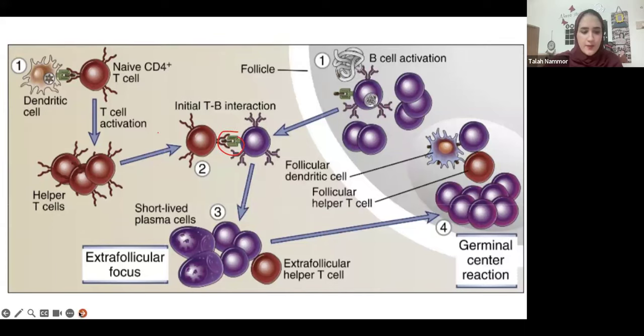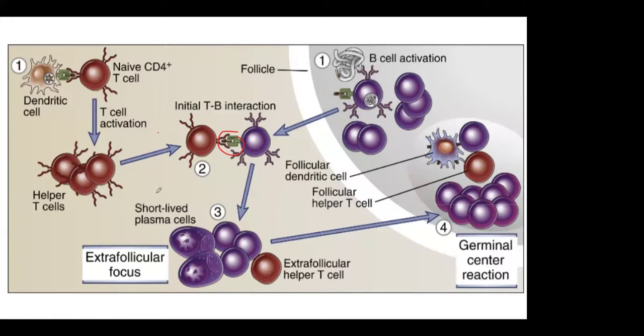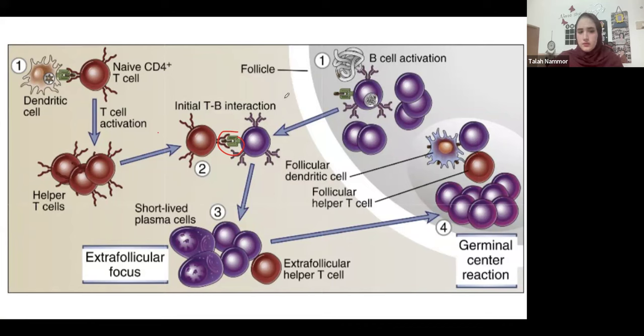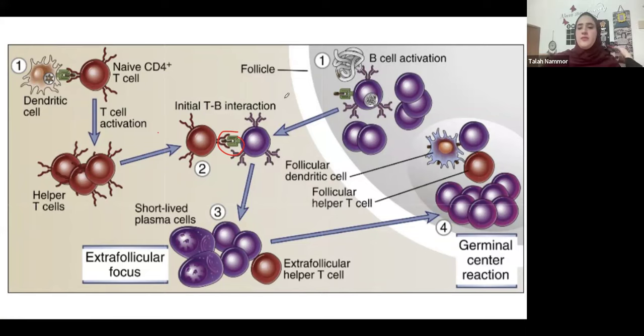When the antigen binds to the naive CD4, it's going to become a helper T cell. And the helper T cell will become a follicular T cell, which is going to bind to the B cell so that it can further activate it. Yes, exactly.